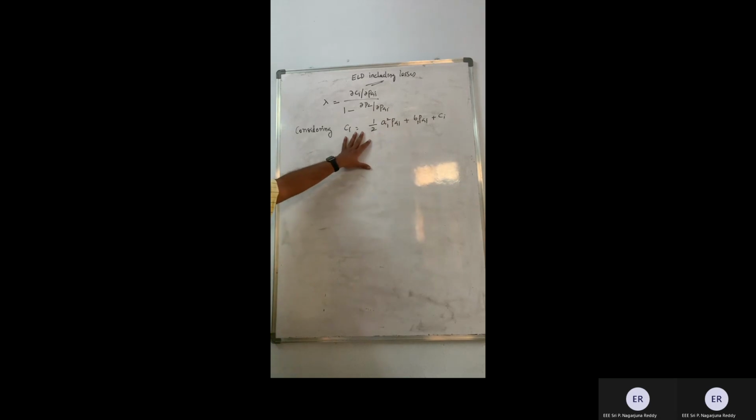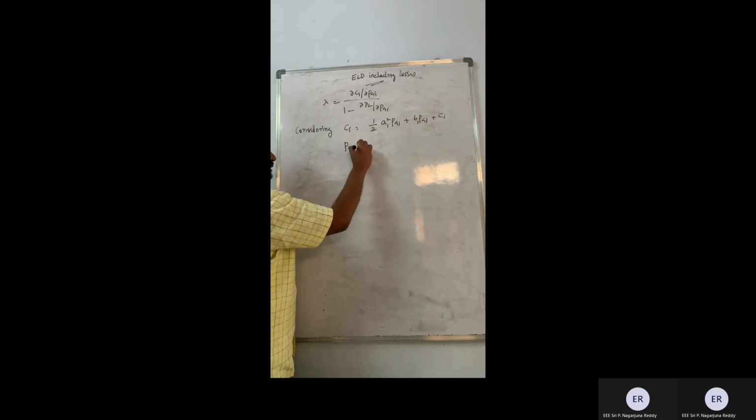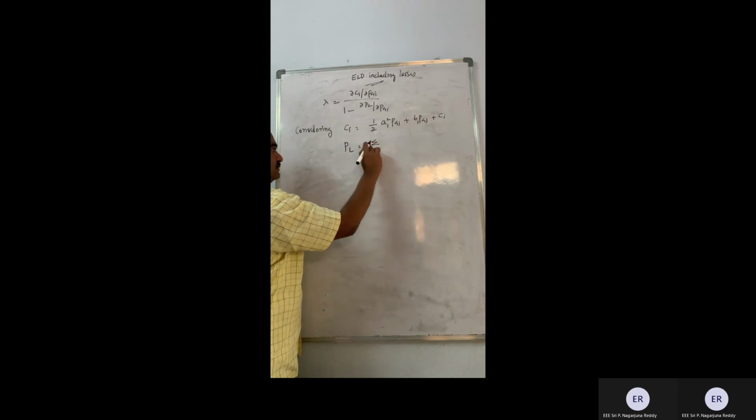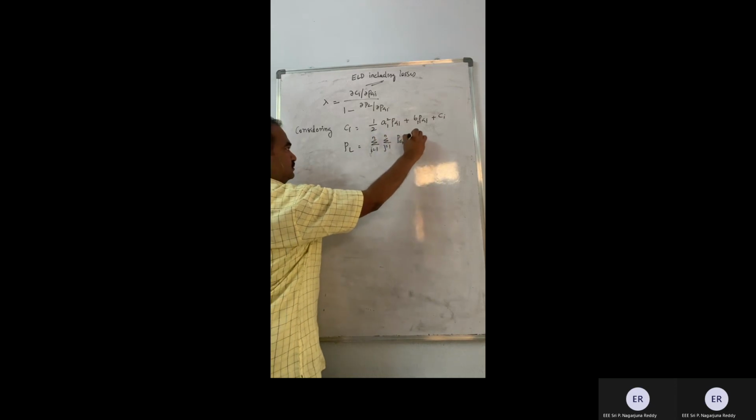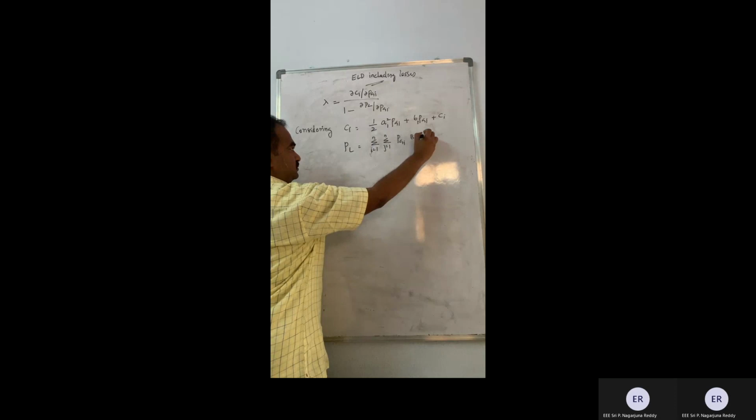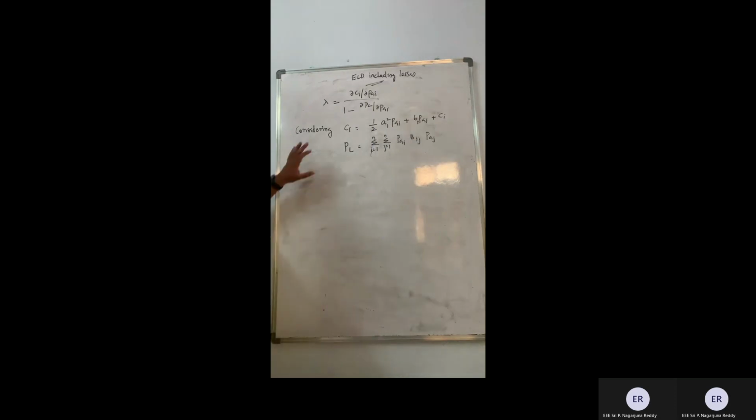This was the term which we have employed. And similarly, PL is this. Now we will try to get a differentiation of these terms. We will include it in this particular one.